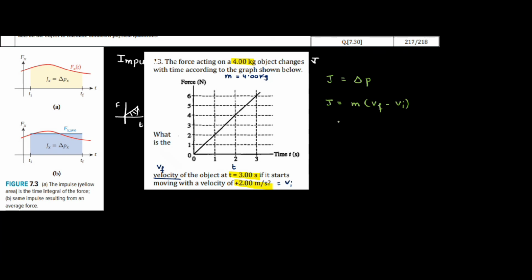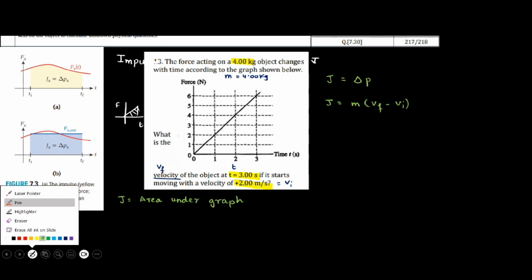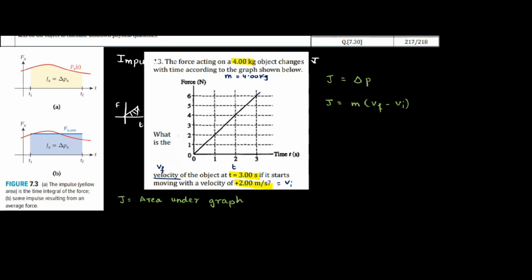Before we solve it, let us first find our impulse. Impulse is equal to the area under the force-time graph. Since I want to find velocity at time t equals 3 seconds, I'm going to take the area under the graph until the time 3 seconds. So I'm going to take this area.